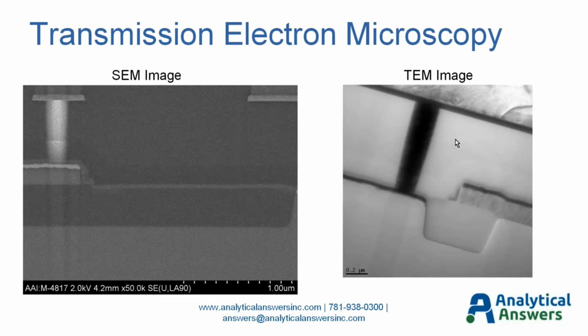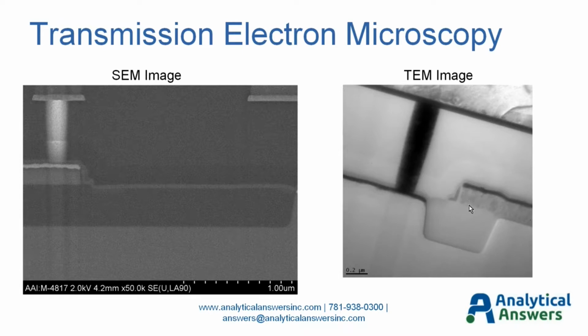The same features show up in the TEM image, but there's some added detail as well, and the interfaces in general are somewhat sharper. Again, this is a relatively low magnification TEM image. It's just scaled to sort of provide the same magnification as our SEM.